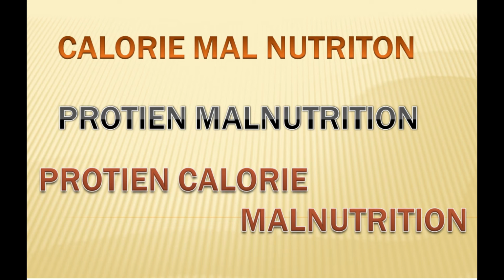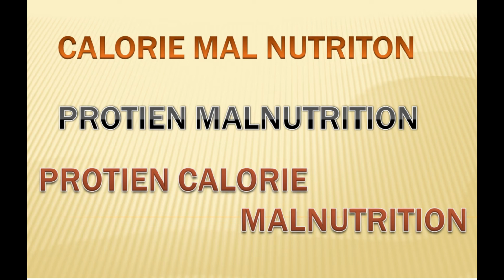Okay, and now we are going to read about different diseases which basically come because of deficiency of proteins or carbohydrates or fats in the diet. So let's see them.